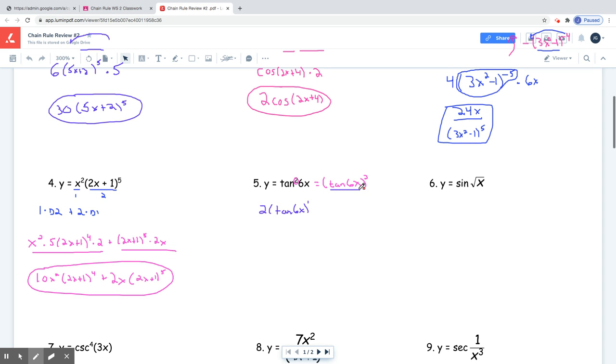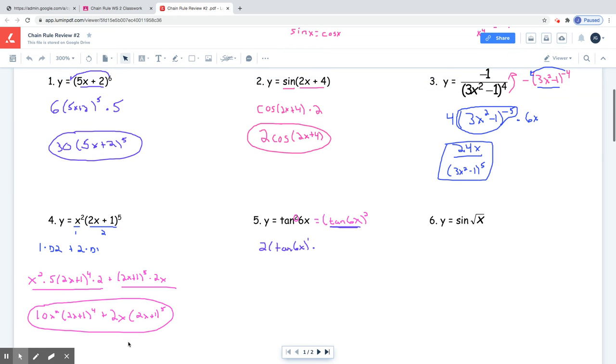Now you have to multiply by the derivative of the inside. To get the derivative of tangent 6x, we treat that just like we did with number 2. It's the chain rule again. Tangent is the outside function, 6x is the inside. The derivative of tangent is secant squared.